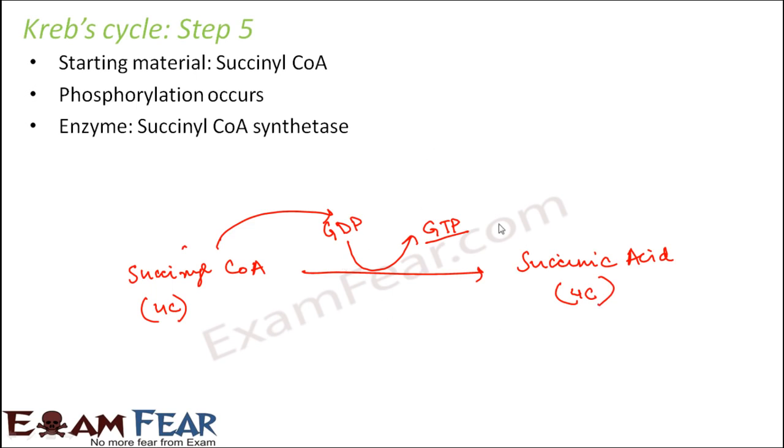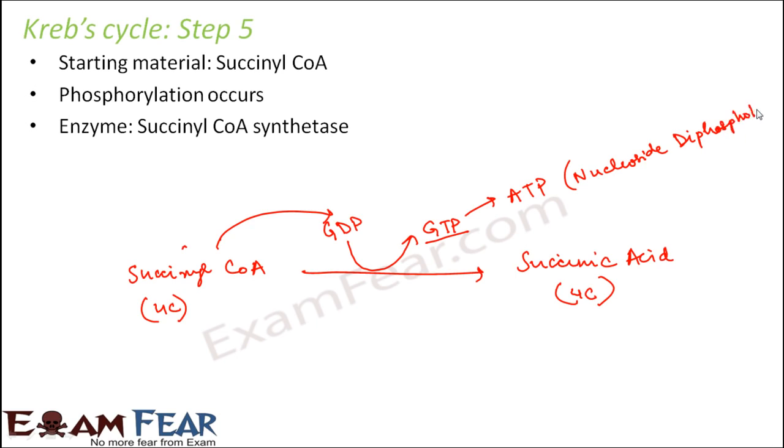Now what is this GTP? This GTP can be used as an energy source in protein synthesis. GTP can be very easily converted into ATP by nucleoside diphosphokinase. So that is the enzyme. Nucleoside diphosphokinase.